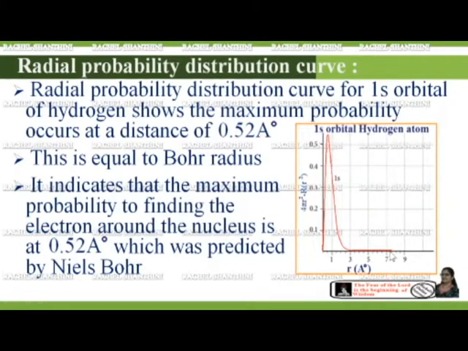A graph of radial probability distribution as a function of distance from the nucleus is called the radial probability distribution curve. The radial probability distribution curve of the 1s orbital of hydrogen shows that the maximum probability occurs at 0.52 angstrom. This is equal to Bohr's radius. So this indicates that the maximum probability of finding the electron around the nucleus is at 0.52 angstrom, which was already predicted by Niels Bohr.